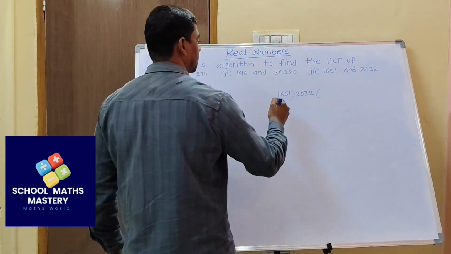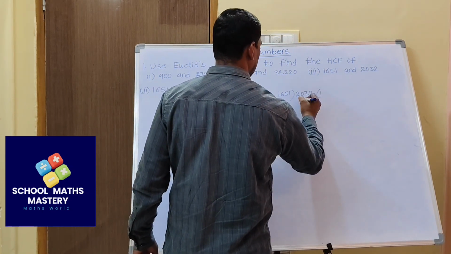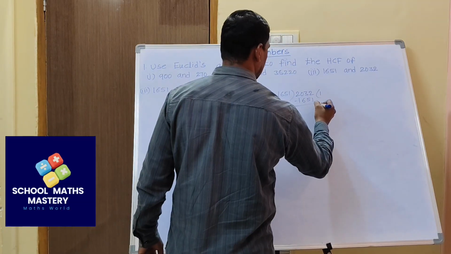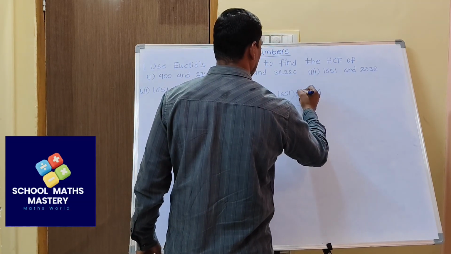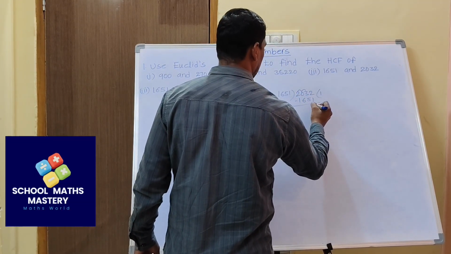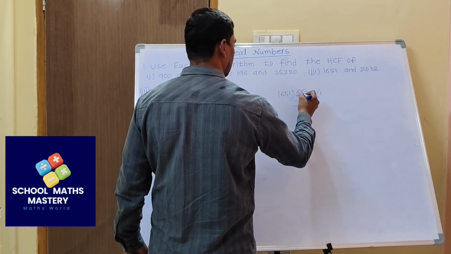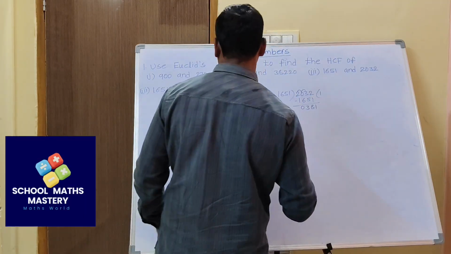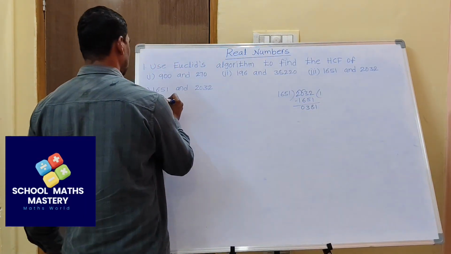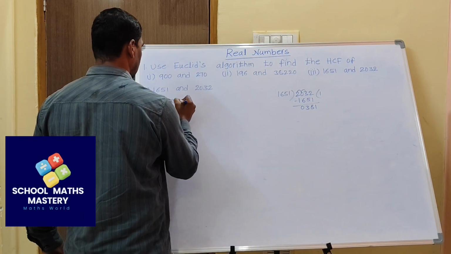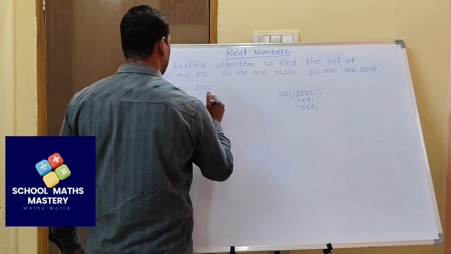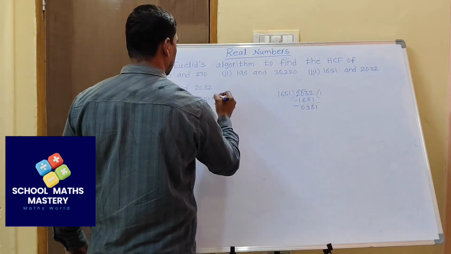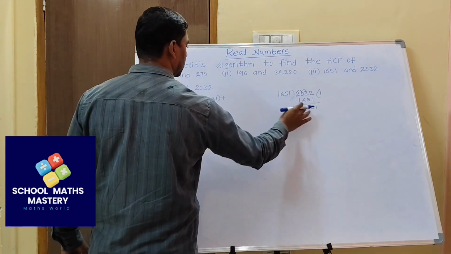Okay, 1651 once, 1651. Subtracting: 2 minus 1, 1, borrowing 13 minus 5, 8, 9 minus 6, 3, okay, 0. 2032 equal 1651 into 1 plus remainder is 381.